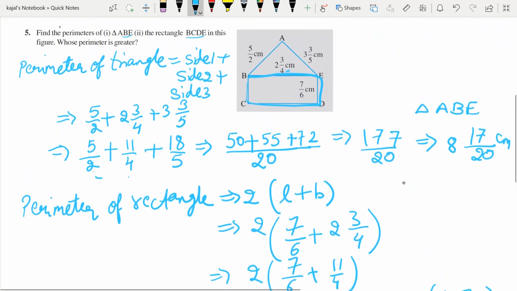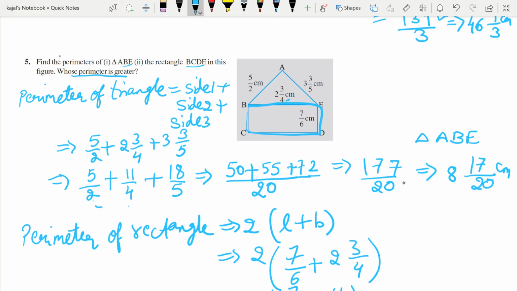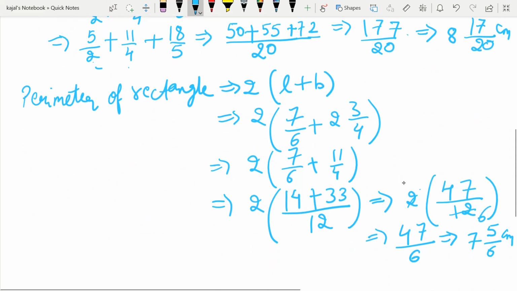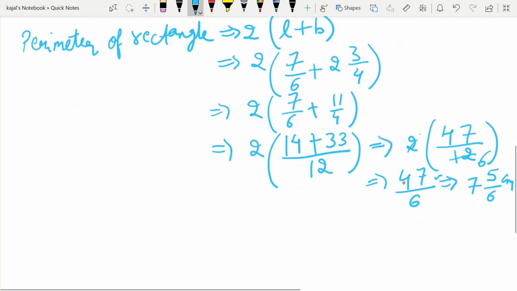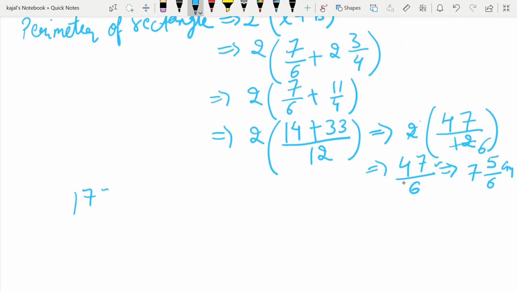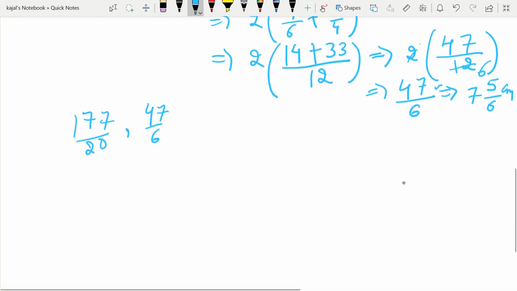Now there is the question of whose perimeter is greater. So this is 177 by 20, this is 47 by 6. If we want to find out which is greater, then again we have to take the LCM of 20 and 6, and only then can we compare them.